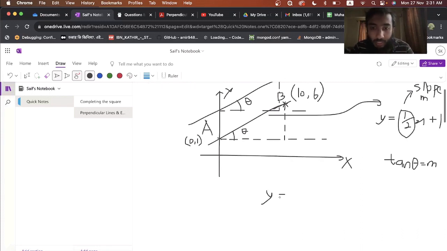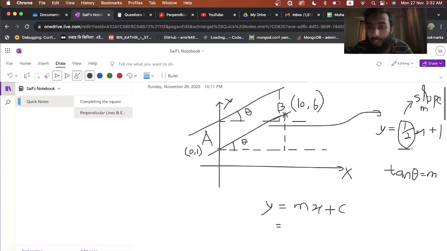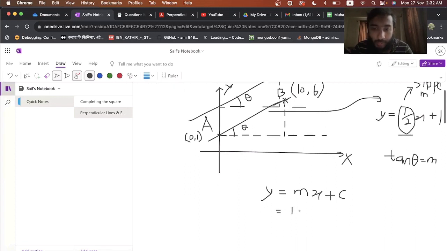So if I write the equation of a line, which is the standard equation, y equals mx plus a constant. I know the slope because it's a parallel line. So the slope is what? Half, right? So the slope is half because it's a parallel line. So the slope is the same.